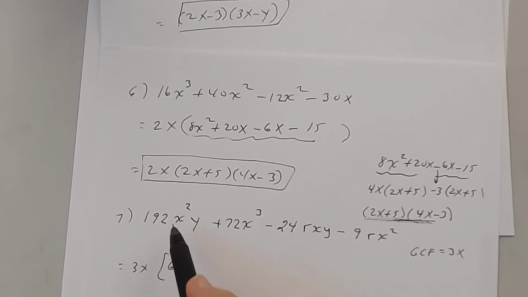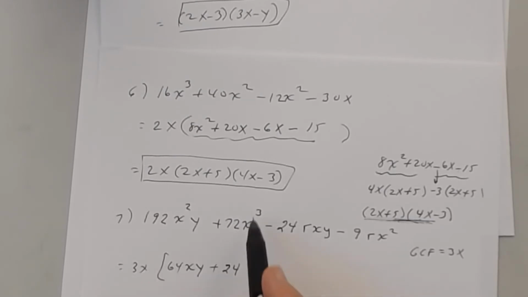3x times what is 192x squared y though? xy, good. Plus 3 times what's 72? What is it, 24 you said? 24? X times what's x cubed? X squared.